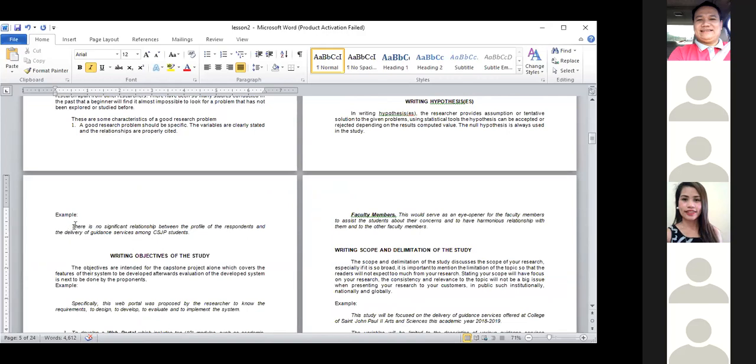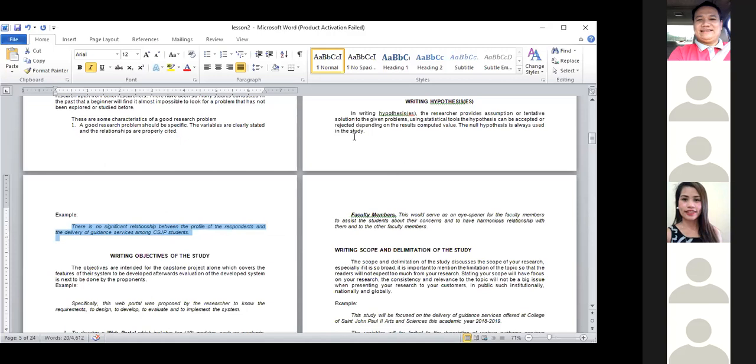Ngayon, to prove this claim, you may now use statistical tools. Okay, so usually if there is a group of respondents, you may now use t-test, no? O kaya naman chi-square. O kaya naman pag meron kayong 3 groups of respondents to know the relationship, you may now use Pearson r, something like that, no?